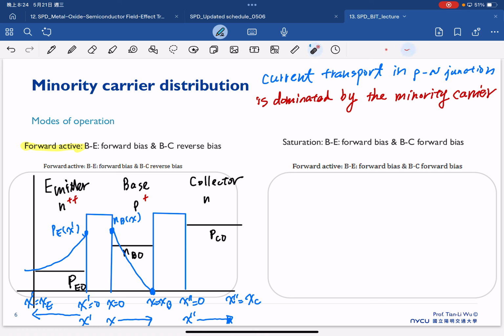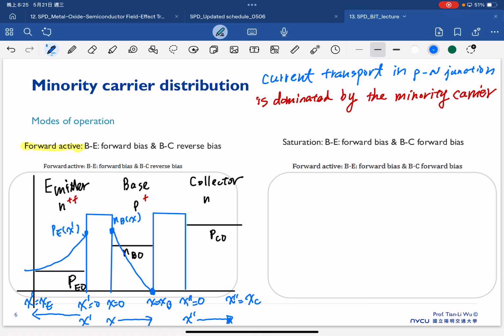Let me say again: in the previous case, when we talked about the PN junction, this would come back to NB0. But now, because we have an additional junction under reverse bias, this will force the minority carrier concentration here to be equal to 0, and therefore our concentration distribution profile will be as drawn here.